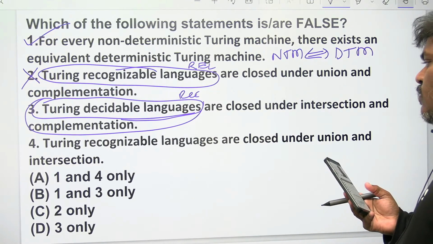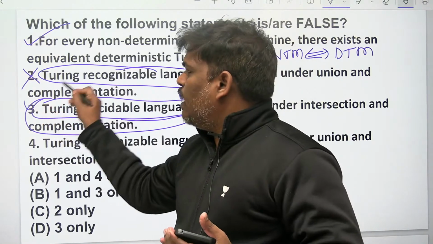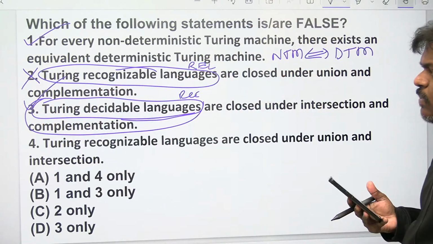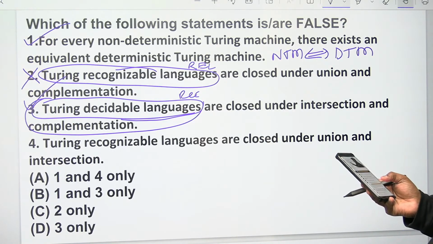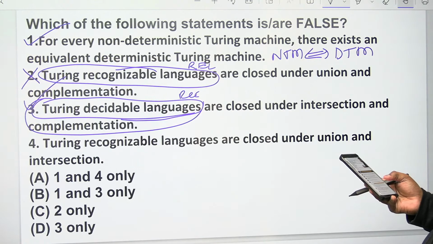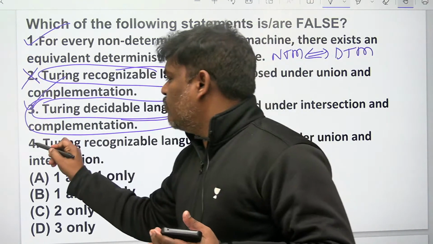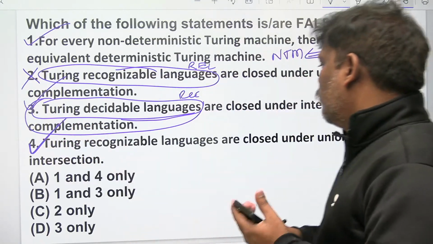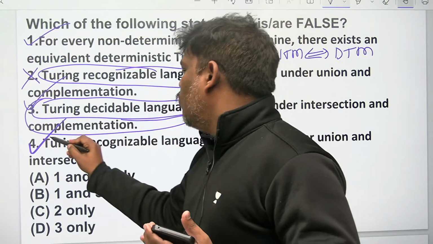REC is closed, REL is not closed under complementation, but REC is closed. So 3 is right. 4. Turing recognizable languages are closed under union and intersection. This is also right. RELs are closed under union and intersection. True.